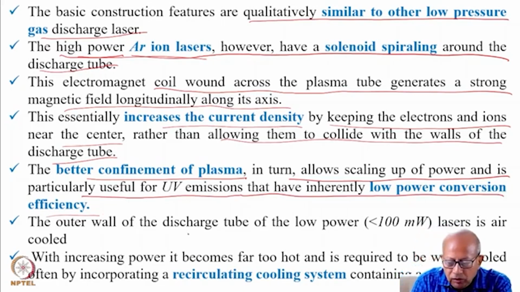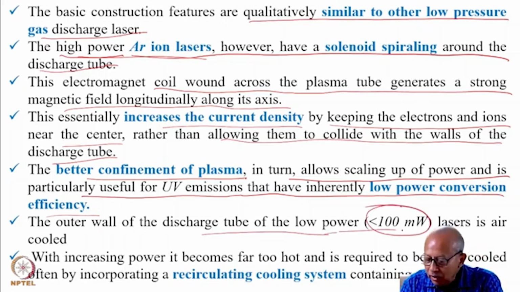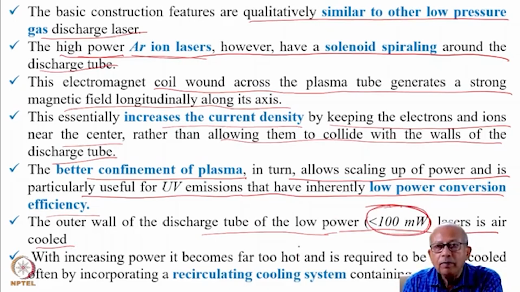The outer wall of the discharge tube of a low power laser, whose power lies below 100 watt, is air cooled. If the power of the laser is less than 100 watt, the dissipated power can be cooled simply by flow of air.